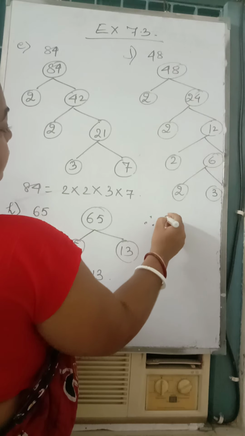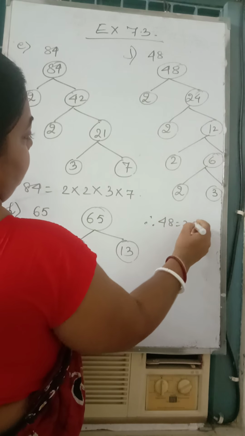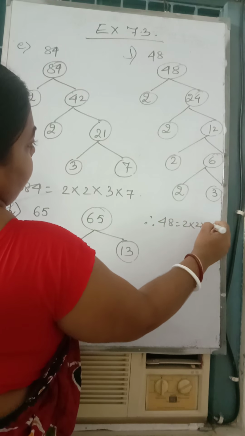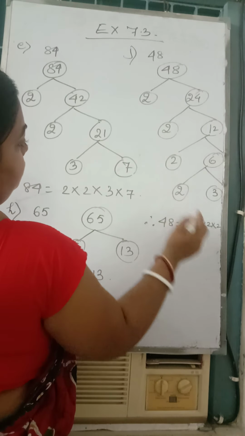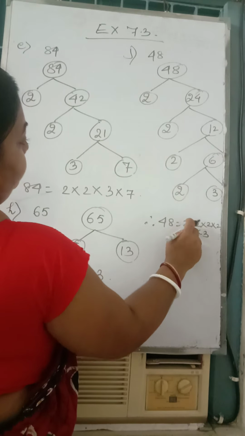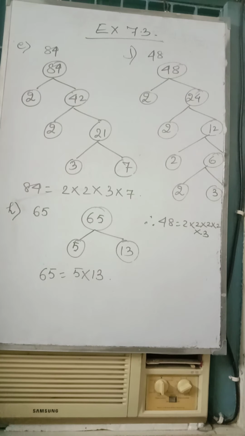So we get 48 is equal to 2 into 2 into 2 into 2 into 3. This is the prime factorization of 48. So hope you can do number 2. There is no problem in writing number 2.